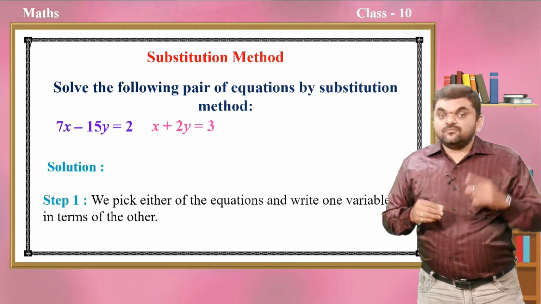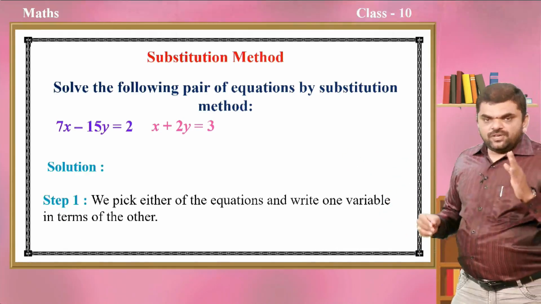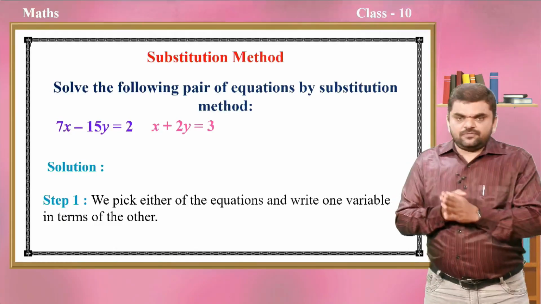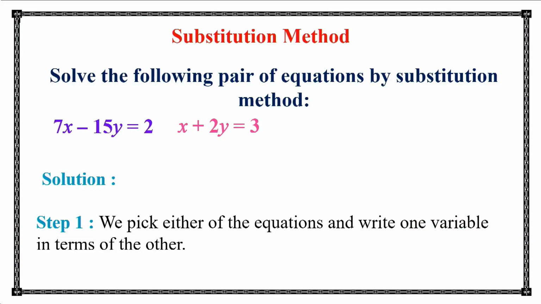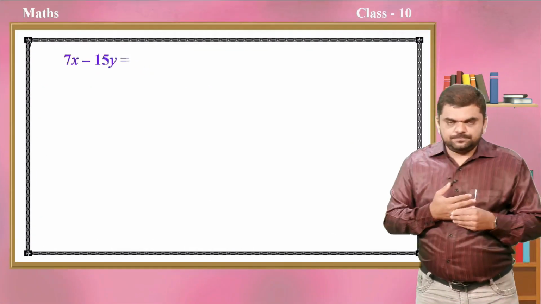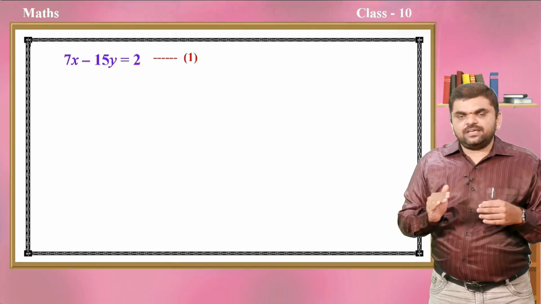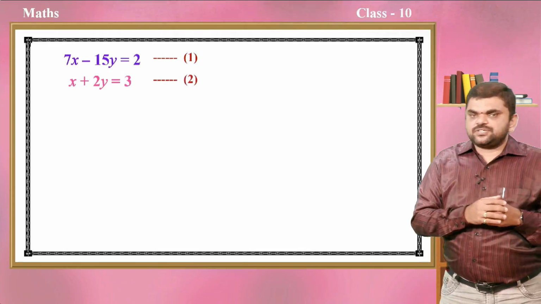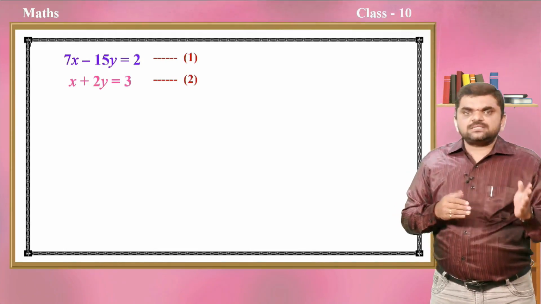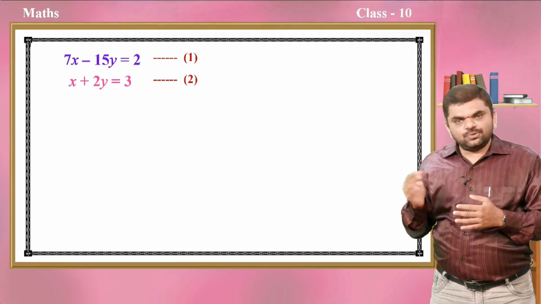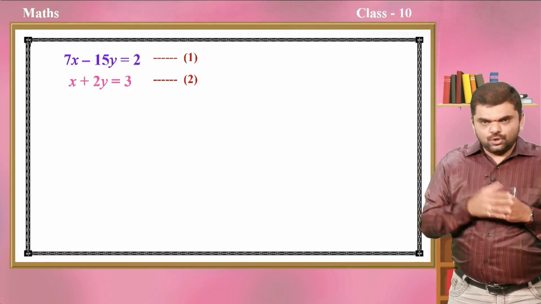Solution. First, we pick either of the equations and write one variable in terms of another variable, which means we write x in the form of y or y in the form of x. We have 7x minus 15y is equal to 2, that is equation number 1, and x plus 2y is equal to 3, that is equation number 2.